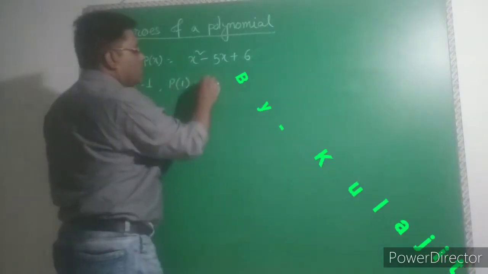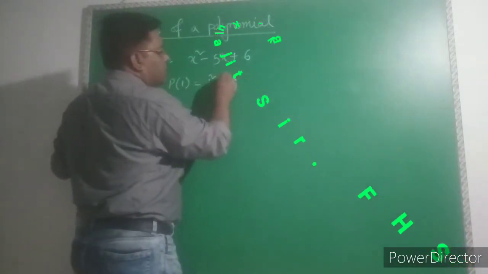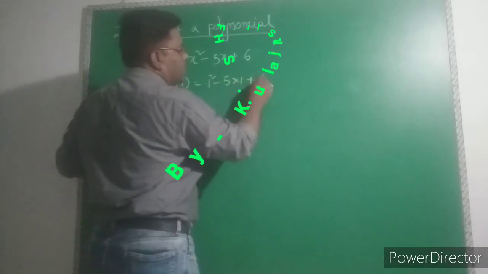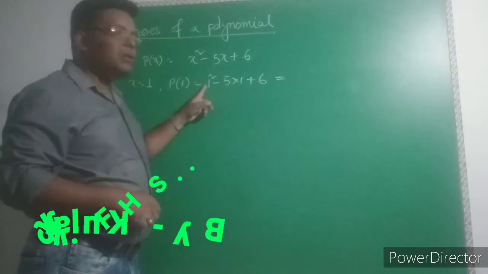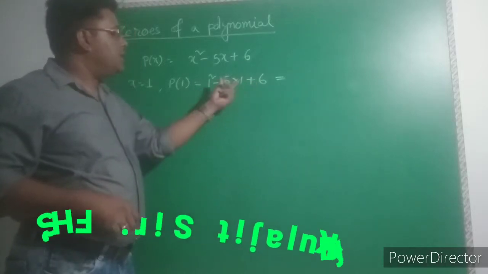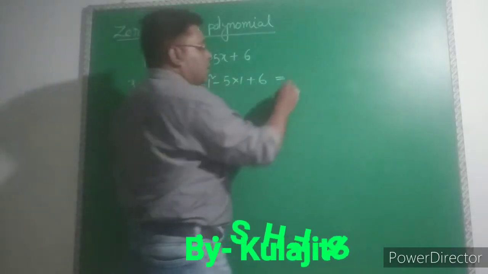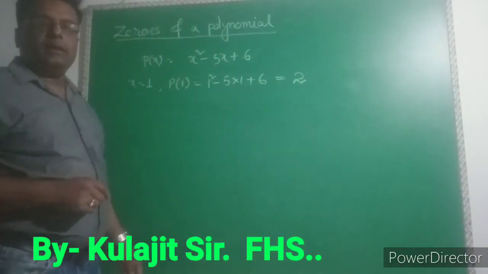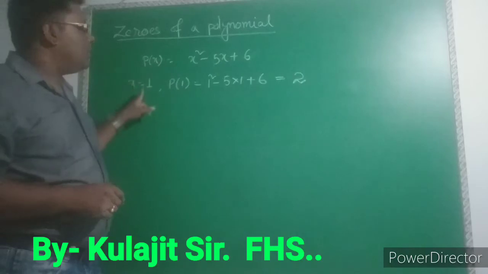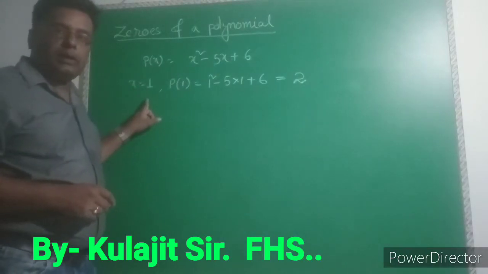So it becomes 1² - 5 into 1 + 6. 1 square means 1, 1 plus 6 is 7, 7 minus 5 is 2. That is, we get some value of this polynomial when we put x equal to 1.